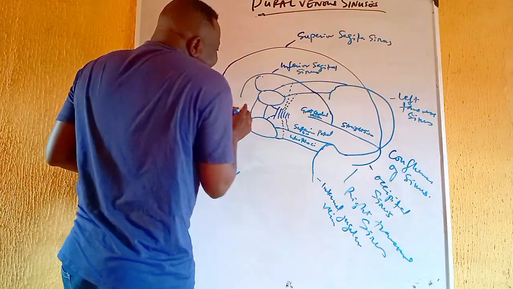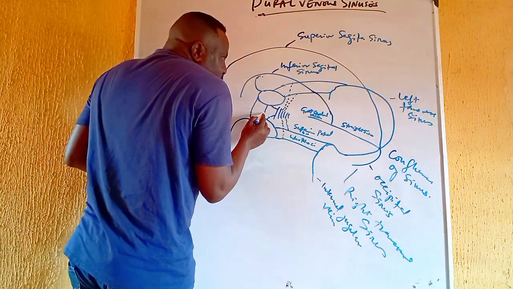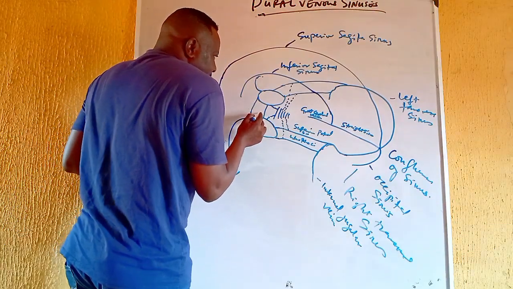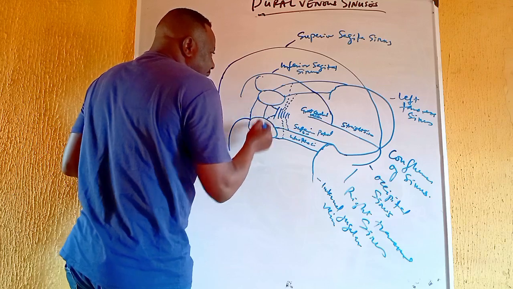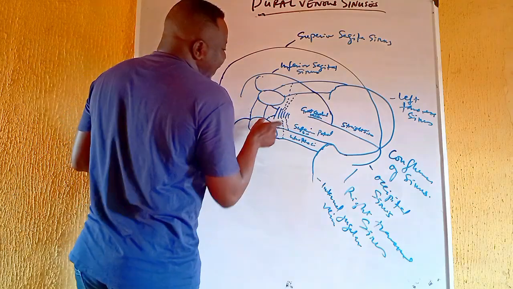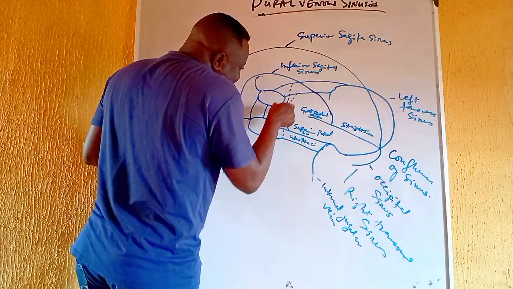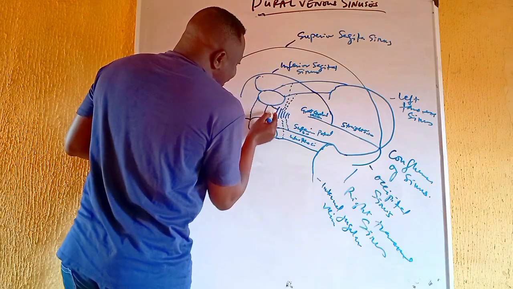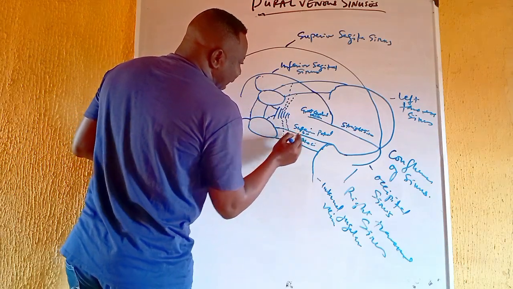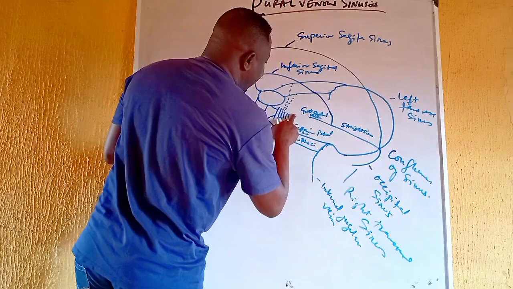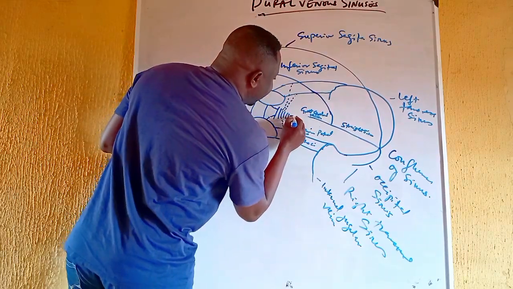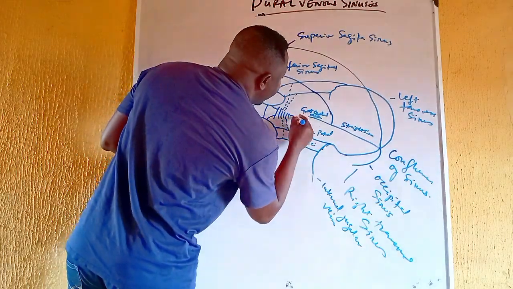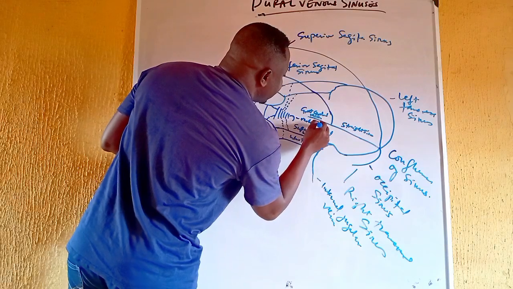Anteriorly, we have the anterior and the posterior intercavernous sinus that connects the two cavernous sinuses. And then we also have the basilar plexus that connects adjacent structures like the cavernous sinus and the superior and inferior petrosal sinuses. And also, it connects with the vertebral vein.